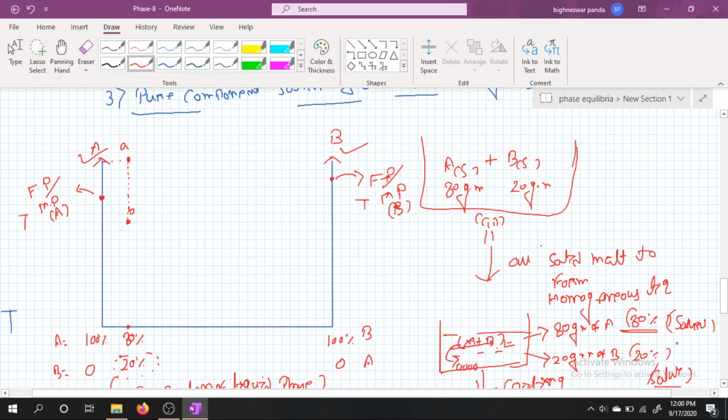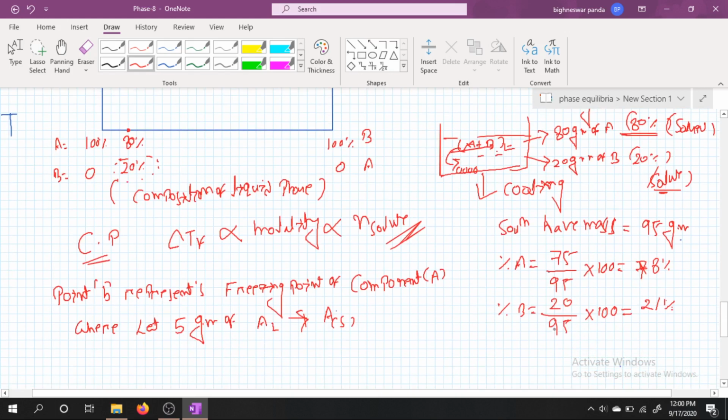So again, at point B, some of the A liquid is converted into solid. Since at point B some of the A liquid is converted into solid, the composition of the liquid phase changes, in which the composition of B is increased. When the solution is 100 gram, the composition of B is 20%. When the solution has mass 95 gram, the composition is 21%.